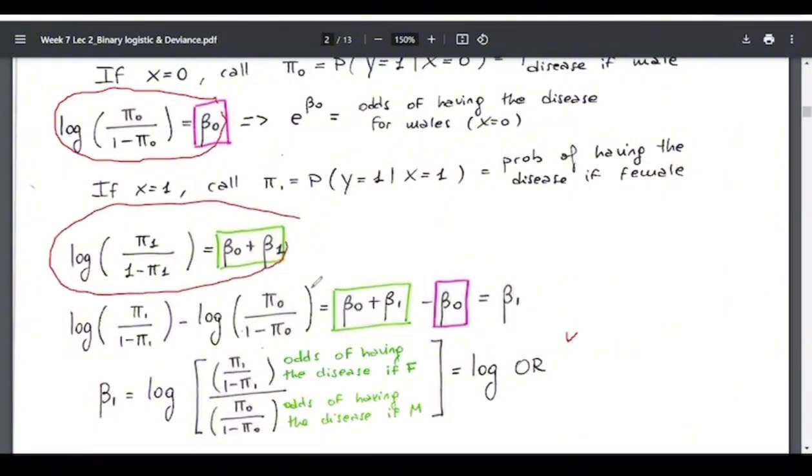And looking at the difference is what we're doing here. Do you see that? What is the difference? The log of the odds ratio for female minus the one for male.